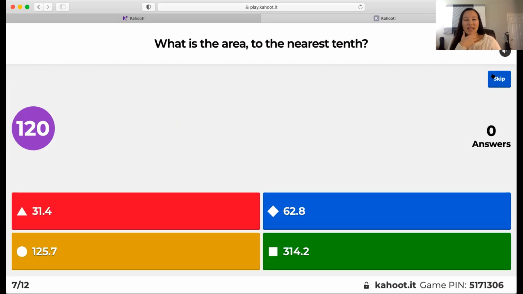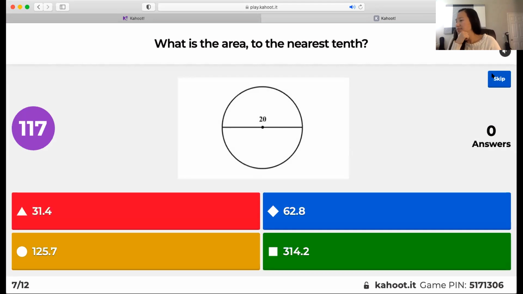All right, what is the area? So pi times the radius squared. You got to find the radius first.